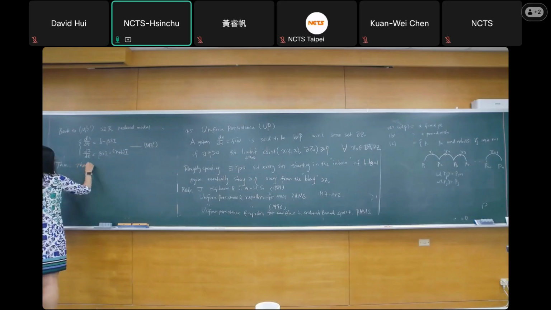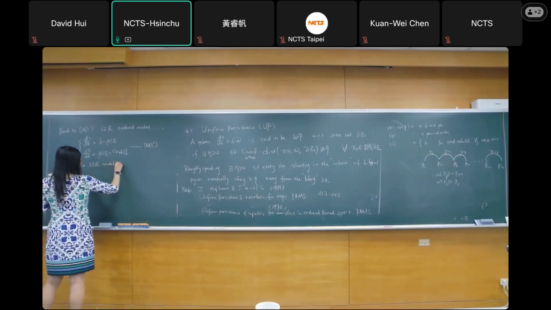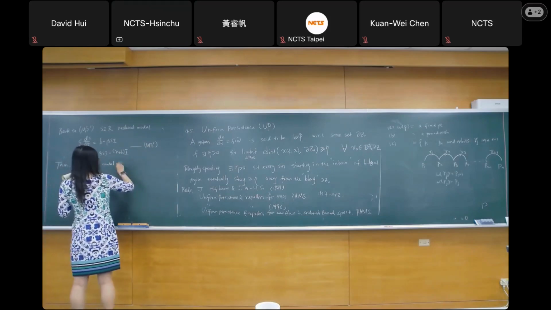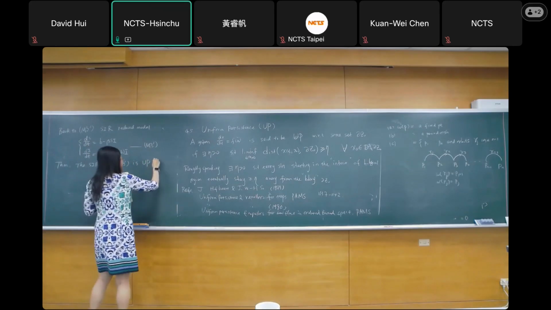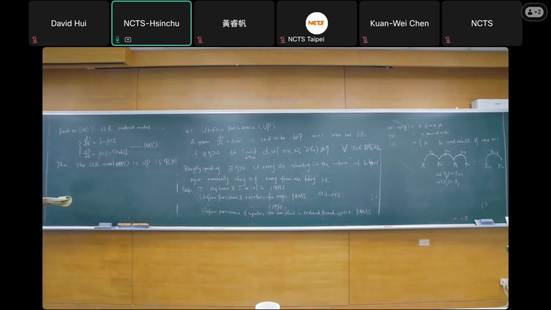We want to show the SIR model M3 prime does uniformly persist if R0 is bigger than 1. Okay? This is what we want to do. But before we do that, we have to introduce some notations and terminology, okay?